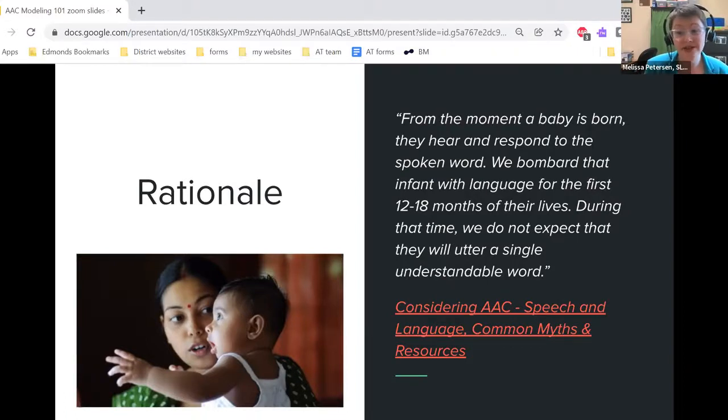We just talk to them, talk to them, talk to them. And they aren't really saying anything back to us yet, but we are still giving them all of that language exposure. And that's the same kind of thing that we want to do for our students who don't use mouth words to talk: we want to figure out a way to give them exposure to language in a way that they can understand.